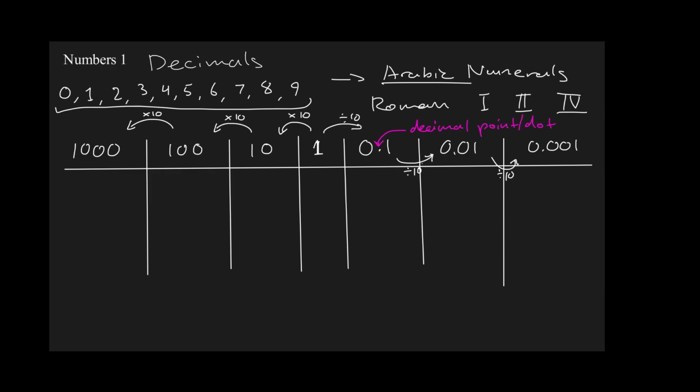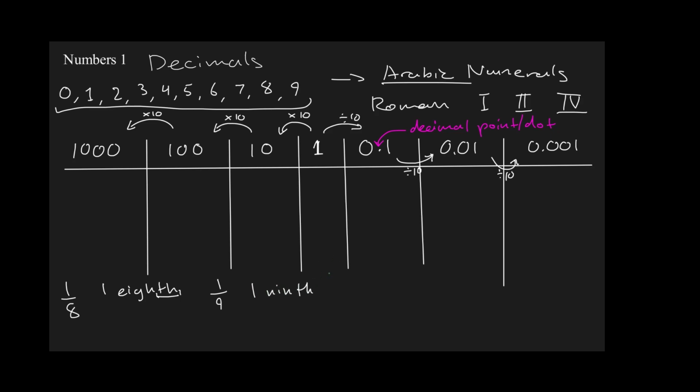Now, I'm going to show you something very interesting. Remember our fractions? If we had 1/8, for example, what do we say? This is 1/8, correct? And if we had 1/9, we would say this is 1/9.